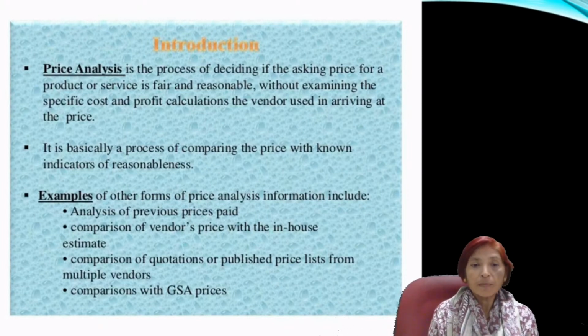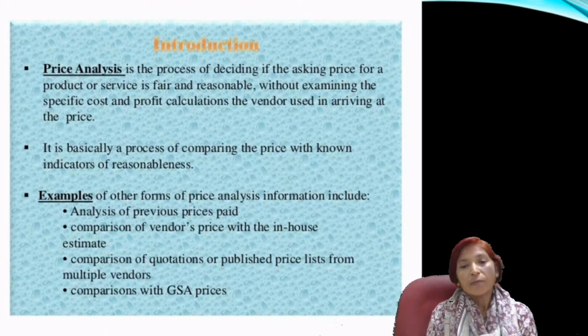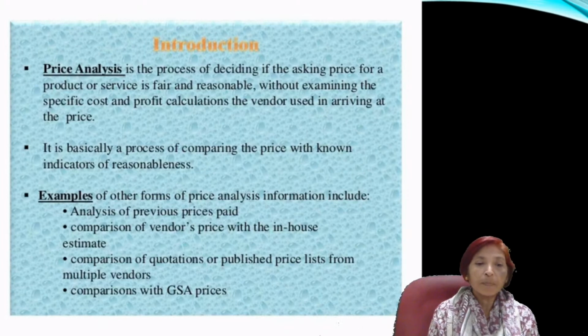We should compare the vendor's price with the in-house estimate, and we should also compare quotations or published price lists from multiple vendors. And next, comparison with the GSA price.